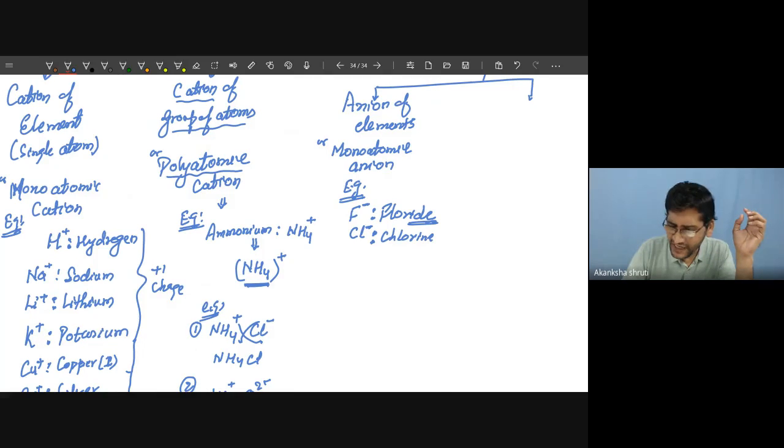Here you drop these two letters, and in place of these you add IDE. I is already there, so it is chloride. We have also learned Br minus. It is bromine, bromide. Students, keep in mind these things.